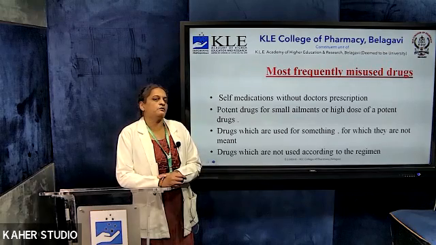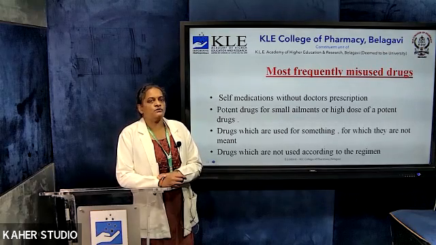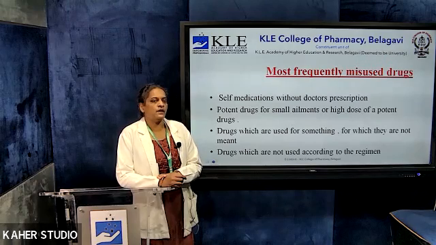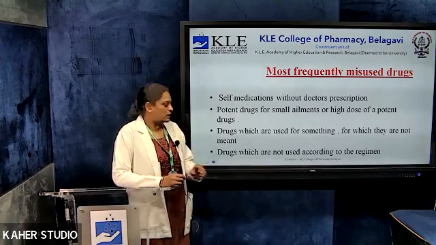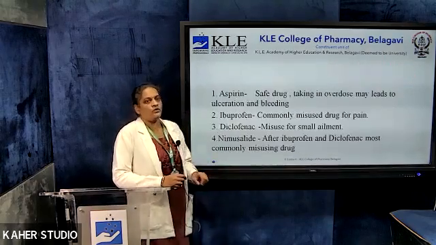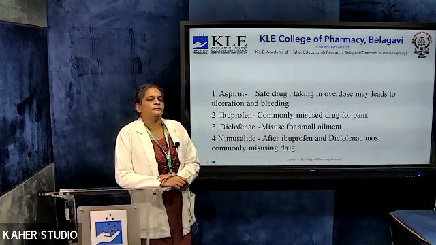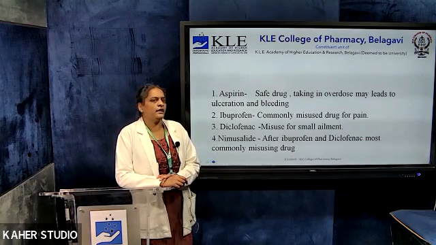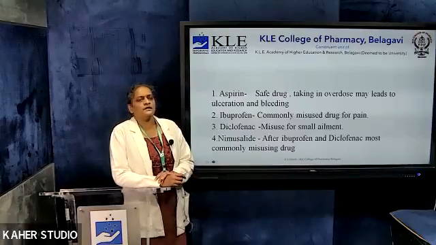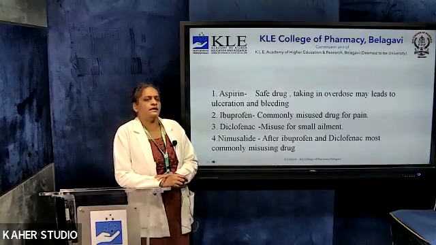Antibiotics may be used, and drugs are used for something they are not meant for, for particular diseases or treatments, and drugs are not used according to the proper regimen, which is one more reason. Aspirin, for example, we think is a safe drug, but taking an overdose may lead to ulcerations and bleeding, especially with NSAIDs.